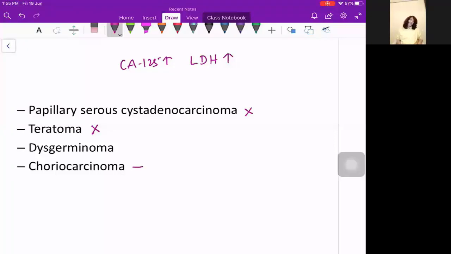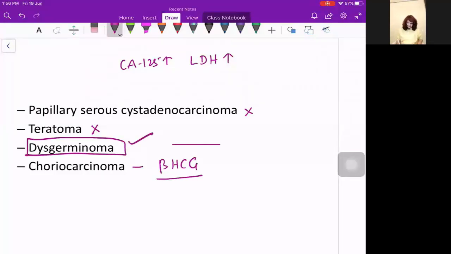Choriocarcinoma can arise as a germ cell tumor, although rare, and the tumor marker for choriocarcinoma is beta HCG, which is not the case. Dysgerminoma is the correct answer, and the tumor markers for dysgerminoma are LDH and alkaline phosphatase.